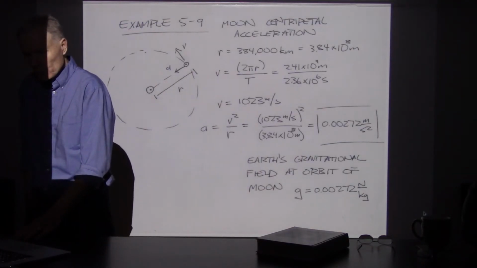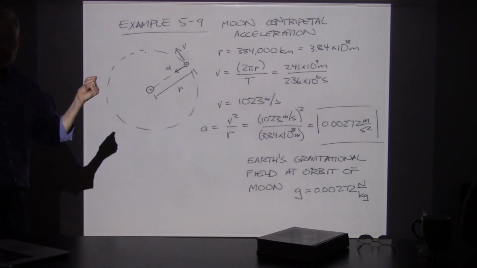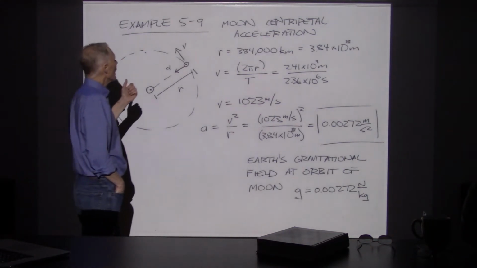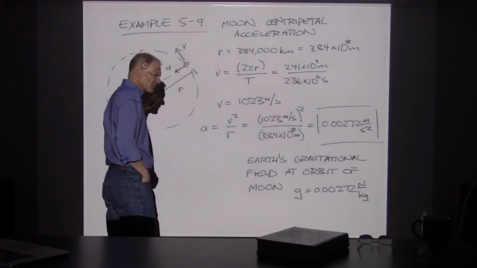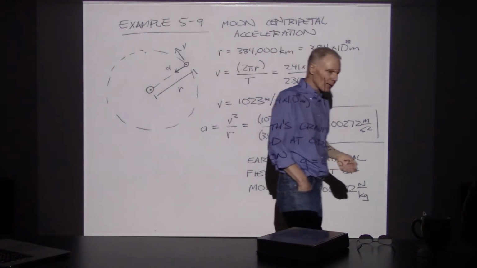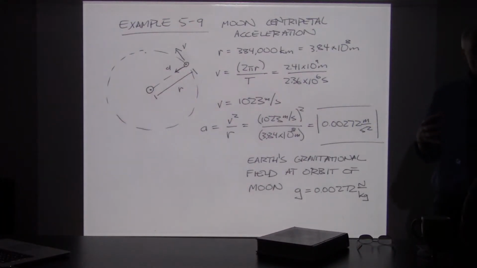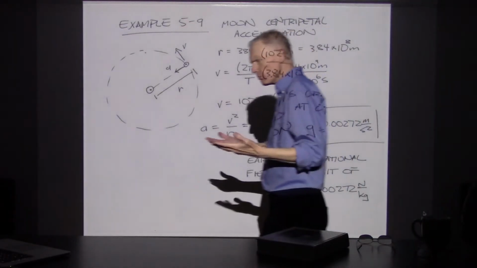All right, so here's the diagram that I've set up. We're looking at the acceleration of the moon towards the Earth. Now, one thing that's kind of interesting here is we're assuming that the Earth stays right at the center. The Earth is like 80 times the mass of the moon, but the moon's a good-sized moon.